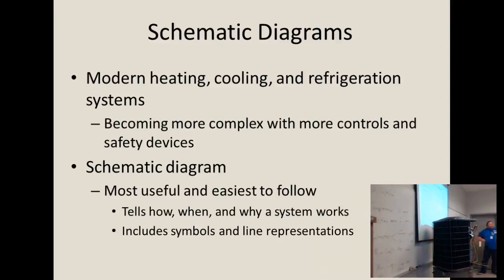Schematic diagrams are broken down by voltages. You always start with the highest voltage. So the highest voltage thing I have in here is, we're saying, 240. And so I'm going to start with 2 hot legs, L1, 240 volts AC, and L2.